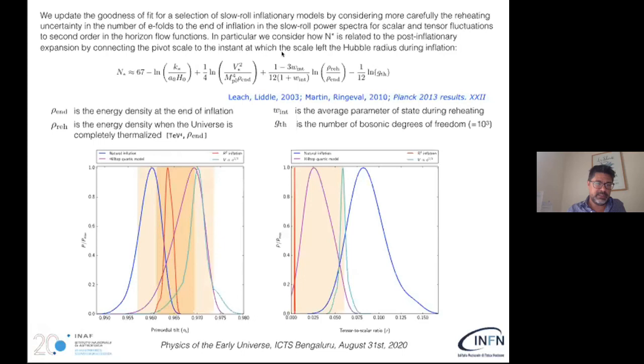These are the microscopic physical quantities which enter in the relation with the number of e-folds to the end of inflation, which relates basically the scales during inflation to the scales with which we analyze the data at present.